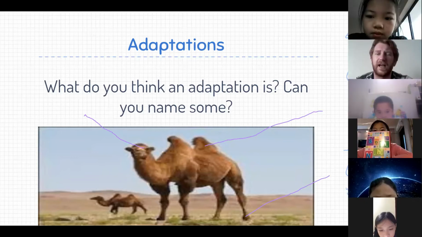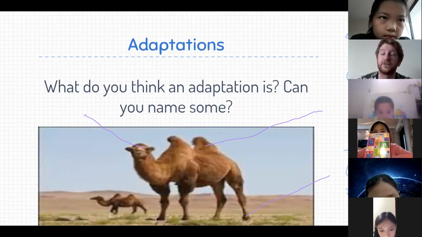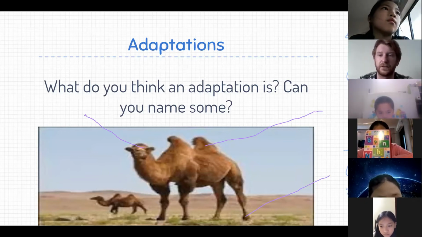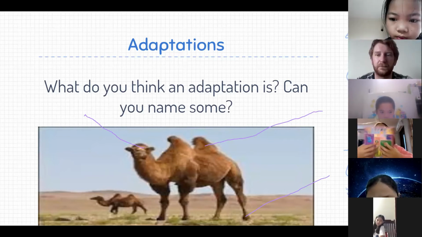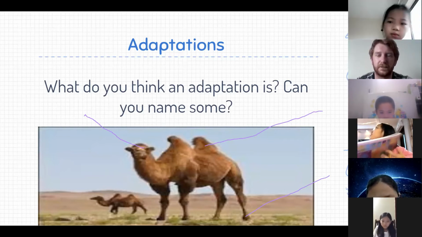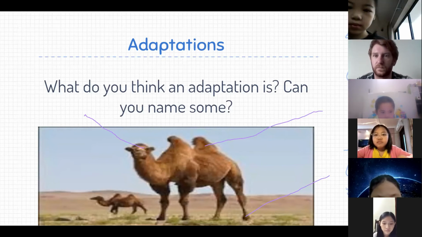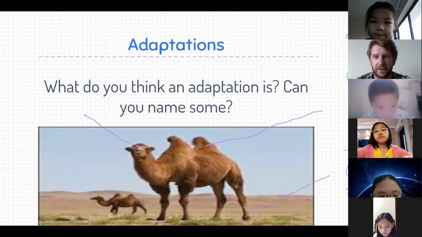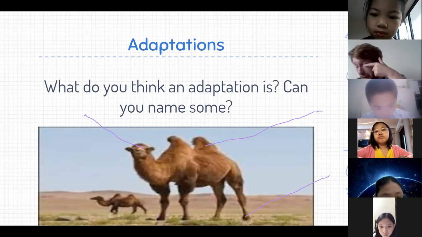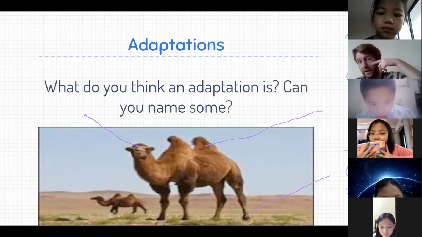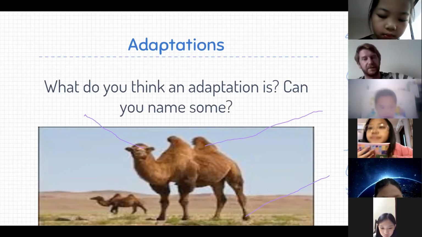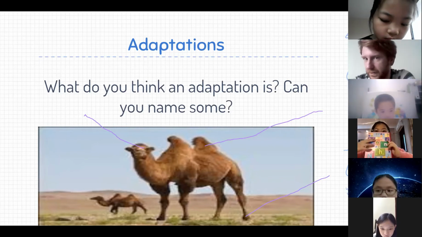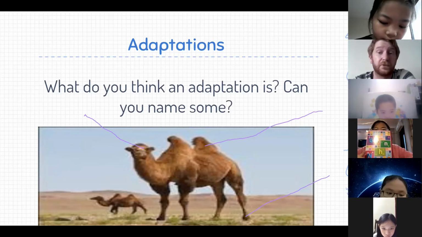What does a camel have to help it survive in this environment on its eyes? Billy? Eyelashes that keep out the sand that is blowing. Exactly. Camels have really long eyelashes. The eyelashes keep a lot of sand out of the eyes, which means the camel can actually see during a sandstorm, which is pretty interesting.